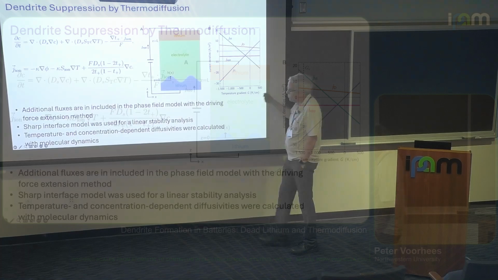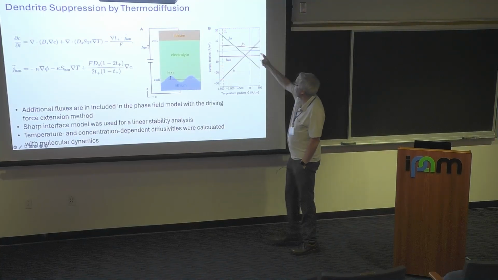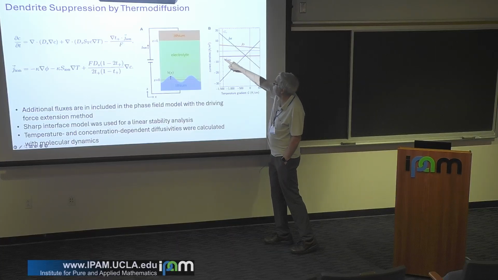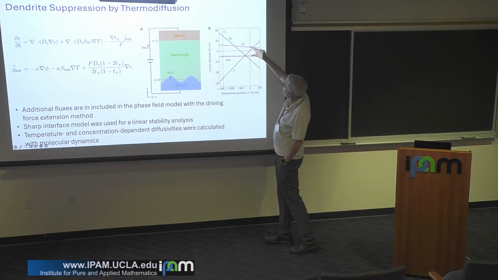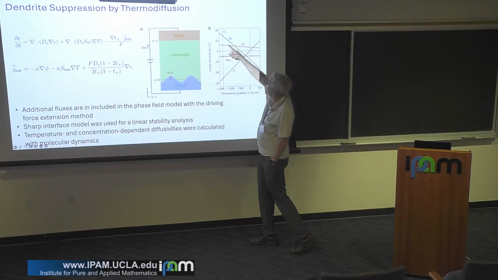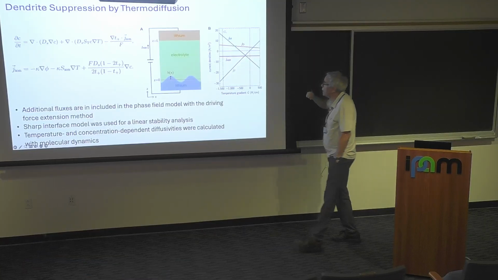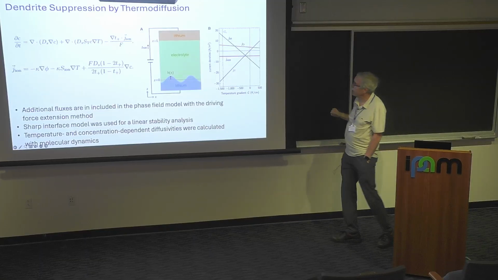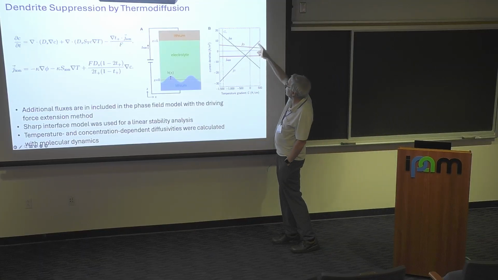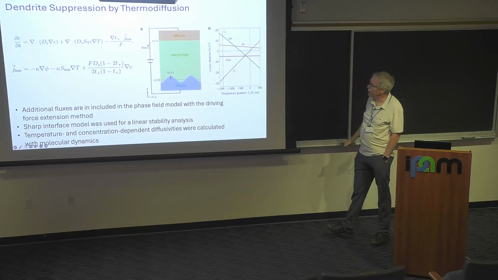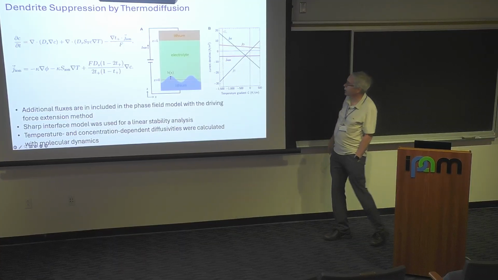The diffusion coefficient can be functions of temperature. That was calculated. This is the applied current. And so the difference between these things are made up by the migration flux associated with the potential gradient and the thermal flux associated with the Soré and Seebeck effects.